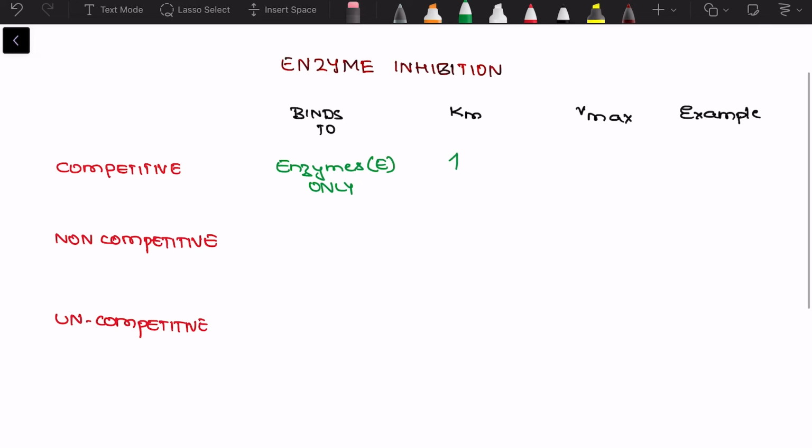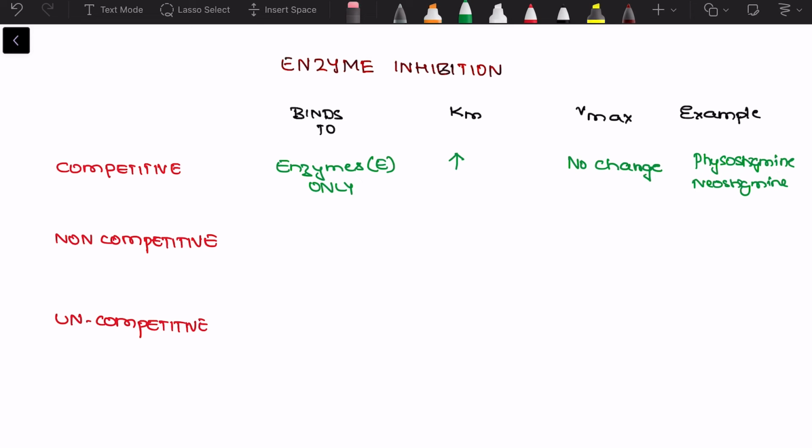So that is how you can remember Km: the Km increases, whereas the Vmax, the velocity of the enzyme to produce the reaction, does not change. The examples are physostigmine as well as neostigmine, which are anticholinesterases.